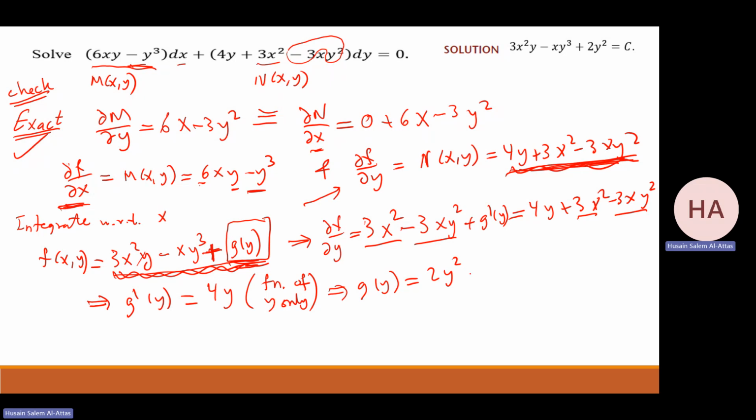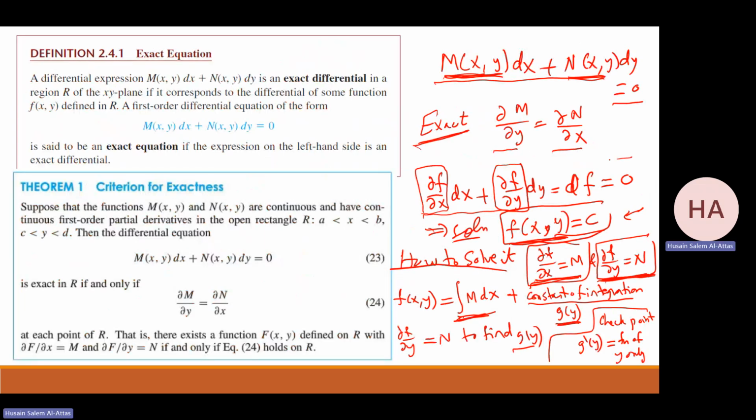Okay, so what will be f of x and y? Now, I got g of y. That will be 3x squared y minus xy cubed plus 2y squared. Okay, is this my answer? No. Is that my solution? No. If you remember, we just find the f when I know the differential of f is equal to 0. My solution is f is equal to constant.